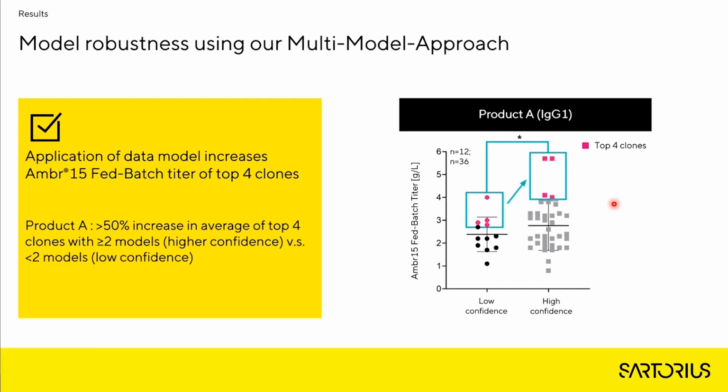For example, for this product, we see more than 50% increase in the average of the top 4 clones with a score of 2 or higher in comparison to the ones we call low confidence. And that's also a kind of robustness proof of the multimodal approach that we are using here.